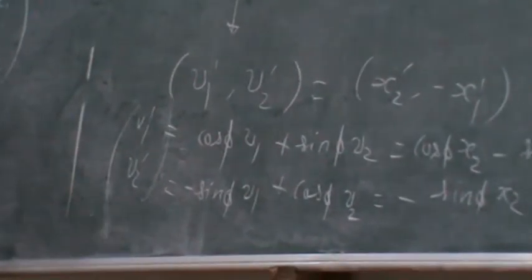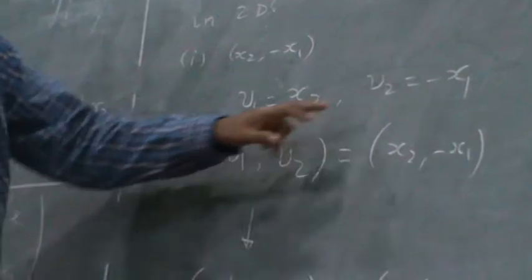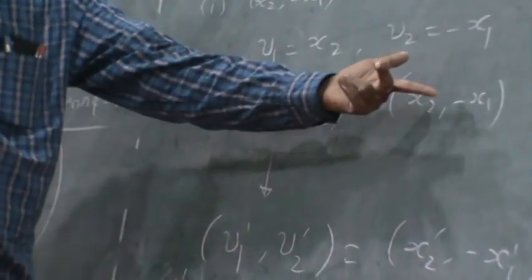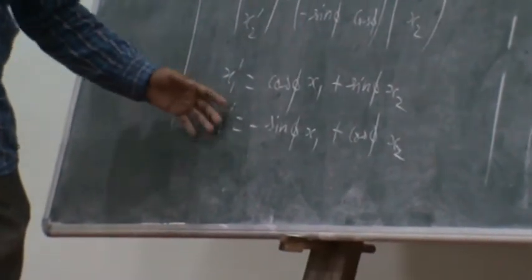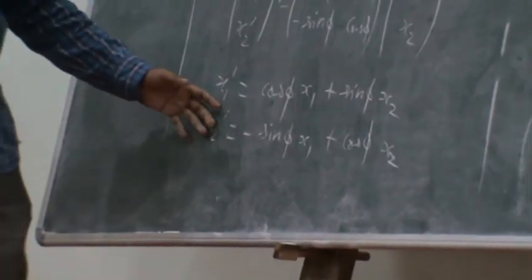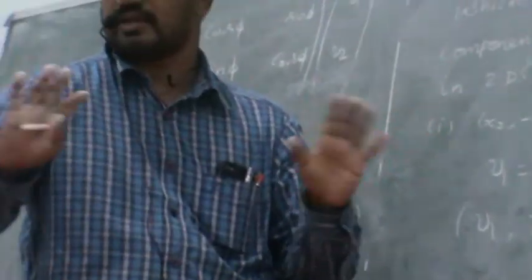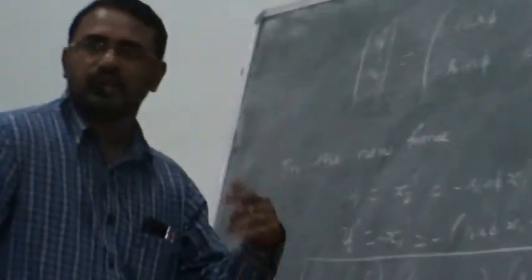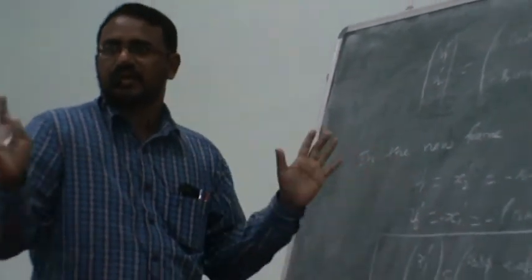If v1 and v2 are identified this way, then v1 prime and v2 prime are x2 prime and minus x1 prime. Correct? You substitute for x2 prime and x1 prime from the transformation of x1 and x2. And v1 prime and v2 prime we know explicitly in terms of cos phi and sin phi. Now for v1 and v2 you substitute. If it matches, then it transforms like a vector.